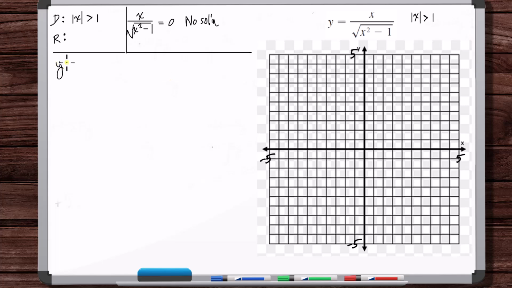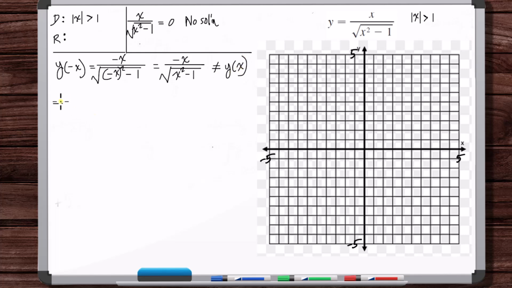All right, let's test for symmetry. Is this an even function? This is not equal to the original function, so no, it's not even.